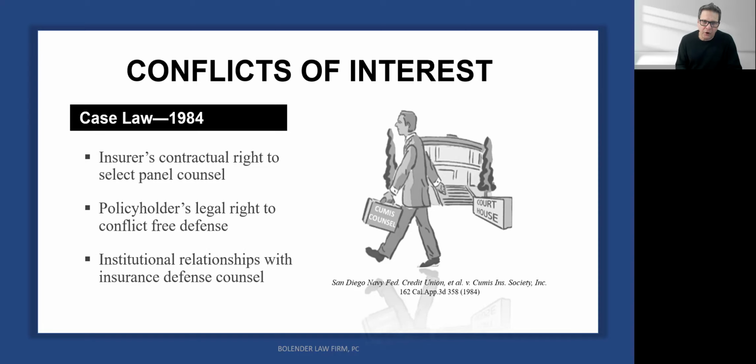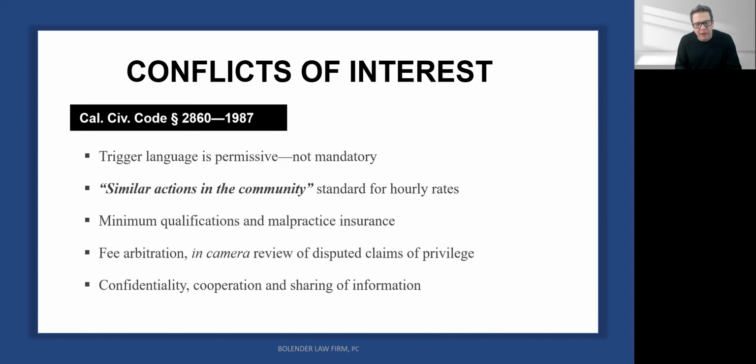I became a lawyer about 10 years after the Cumis opinion. At any rate, because of the aftermath of the Cumis case and the arguably overbroad holding in that case, the legislature and various interest groups negotiated and codified the basic Cumis rule just a few years later.